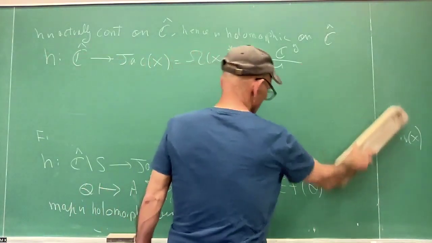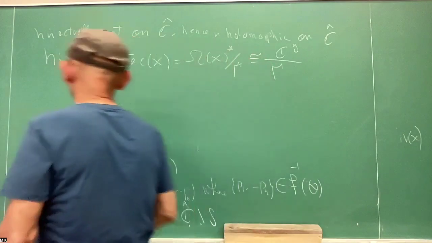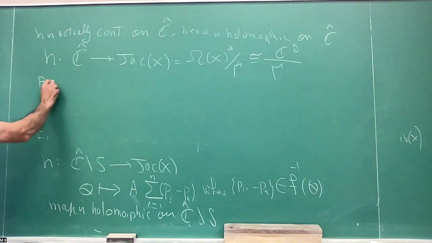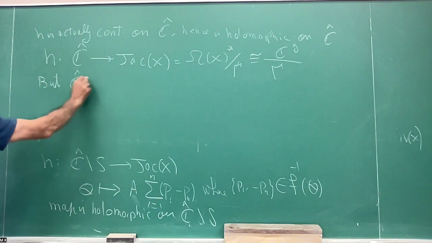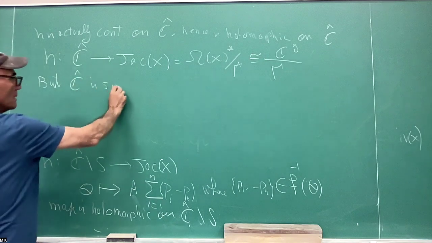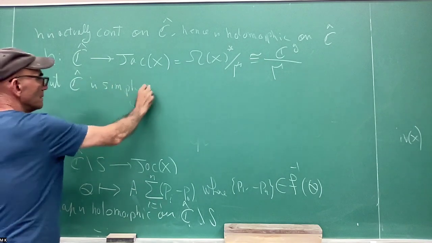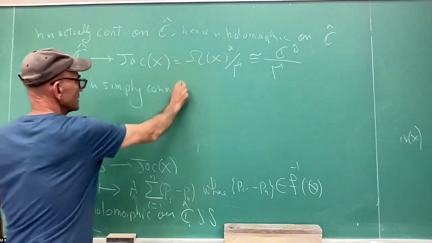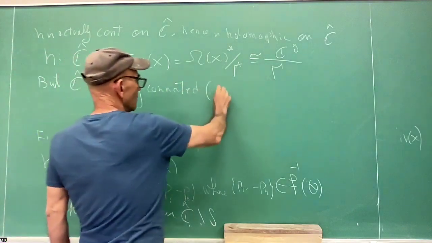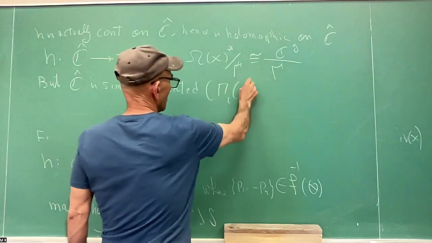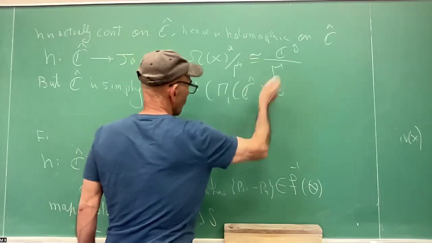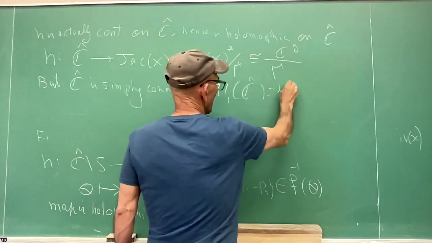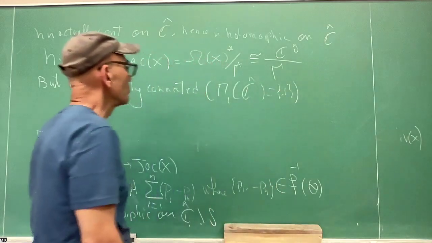There's a little bit of a topological argument now, but C hat is simply connected. I mean, pi 1 of C hat is 0. Of course, you know that, or 1 if you want, I don't know how you think about pi 1.